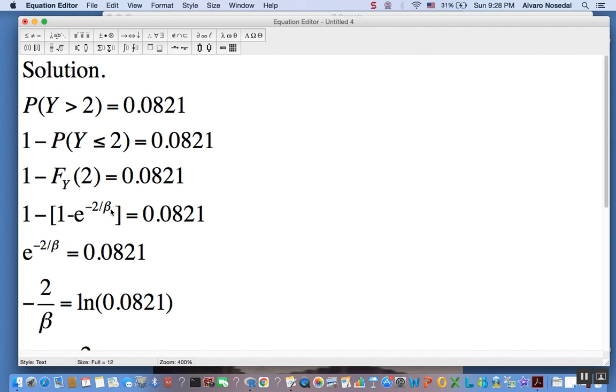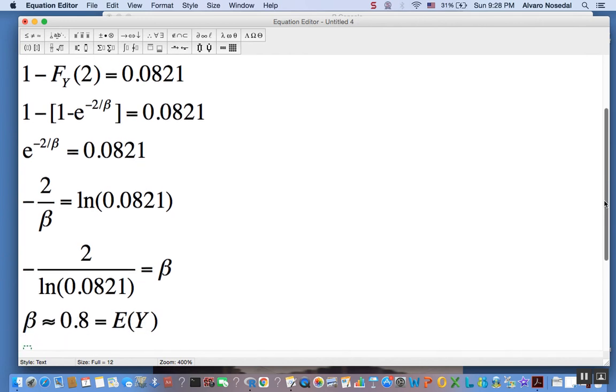So having the general expression of the CDF was very helpful, especially given the piece of information that we had here, because that probability could be re-expressed in terms of the CDF, the cumulative distribution function. So that's what we did to find beta.